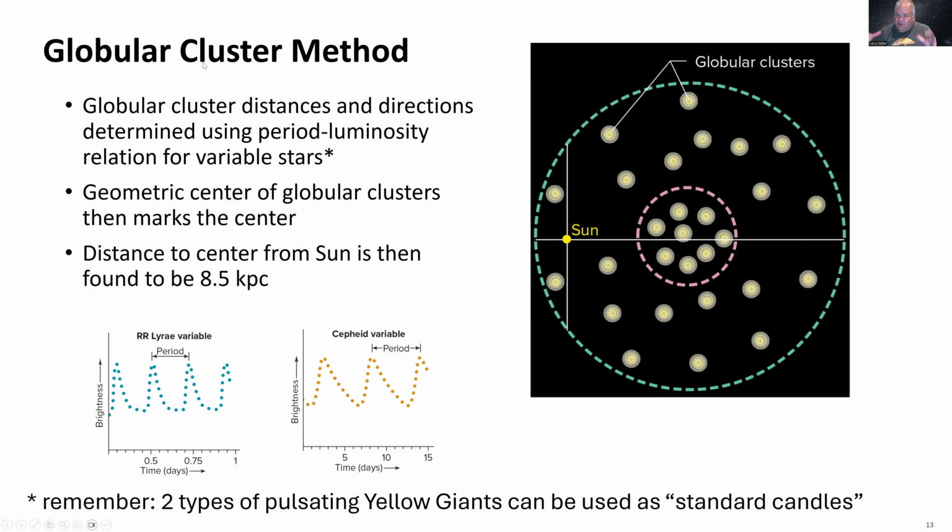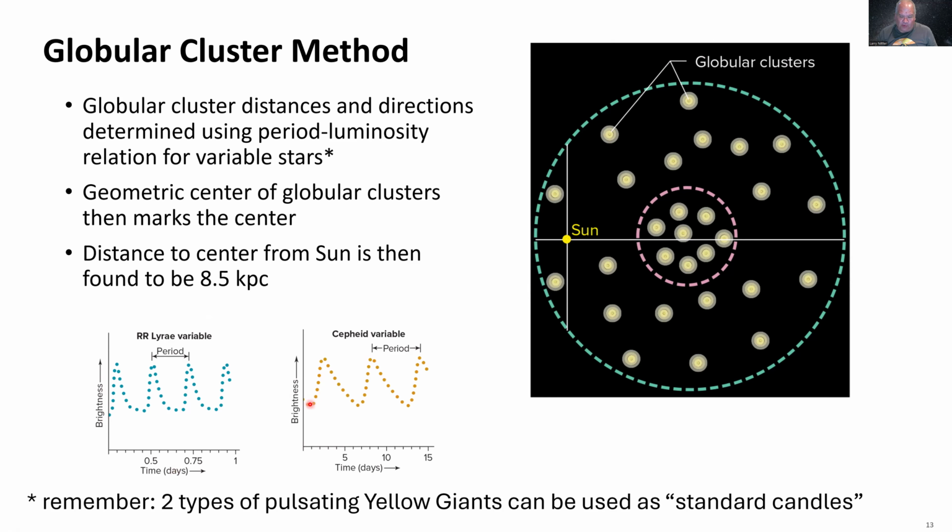Now remember, globular clusters are these sphere-ish collections of stars. Because they have so many stars, they also include a lot of giant stars and variable stars. And remember, when we talked about the Hertzsprung-Russell diagram, we talked about two types of yellow giant stars that are pulsating, the RR Lyrae and the Cepheid variables.